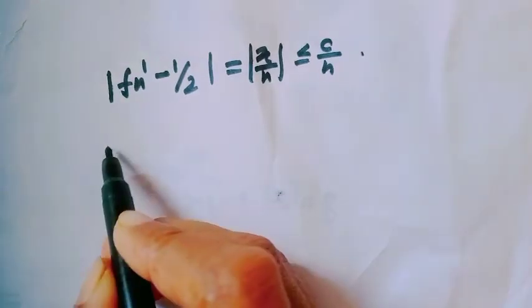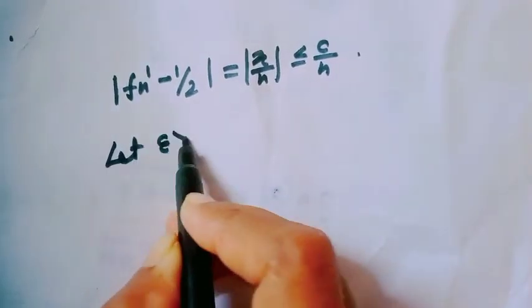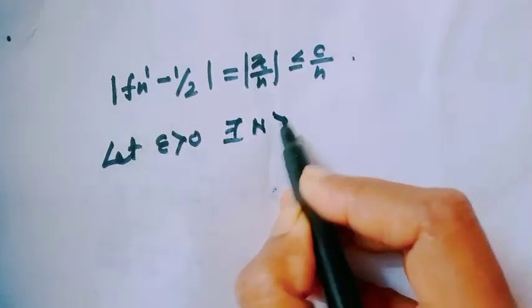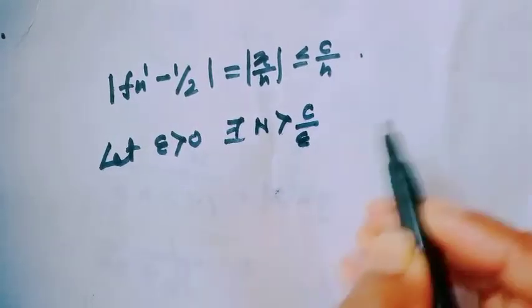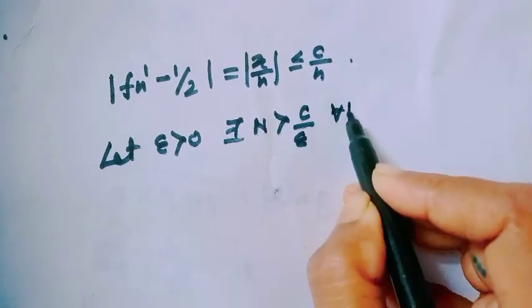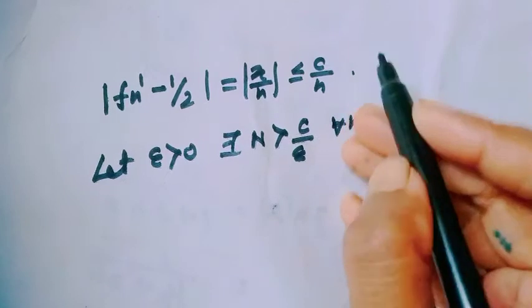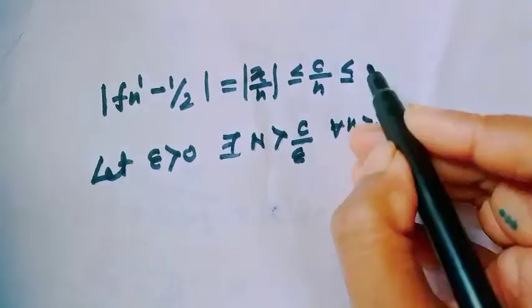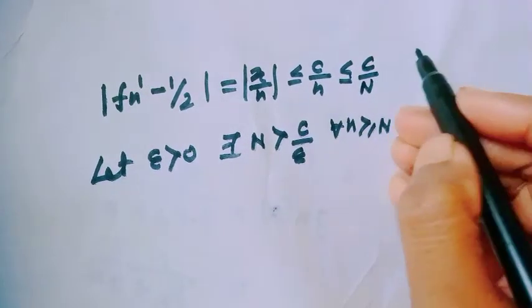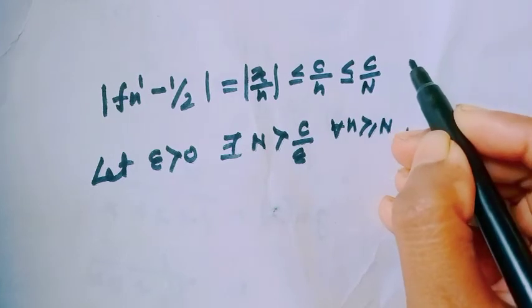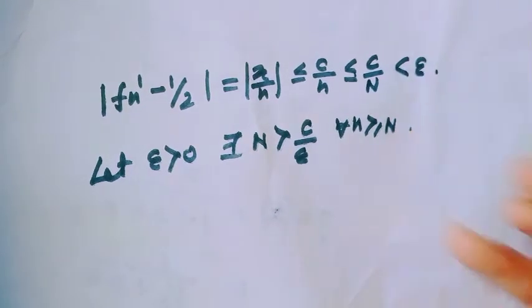Then let epsilon be greater than 0, there exists a capital N greater than c over epsilon, and for all n greater than or equal to capital N, this value would be less than epsilon.